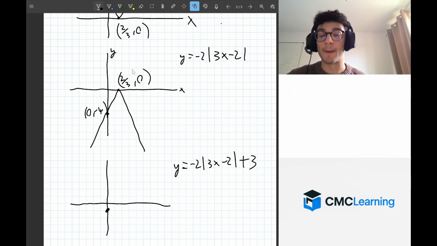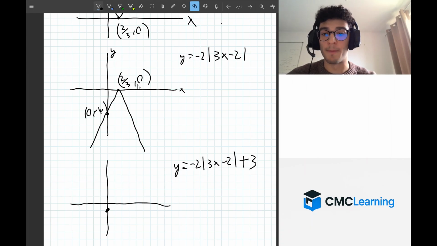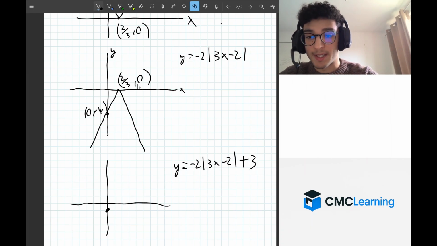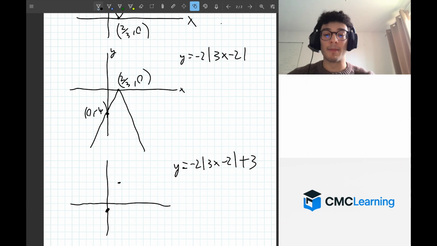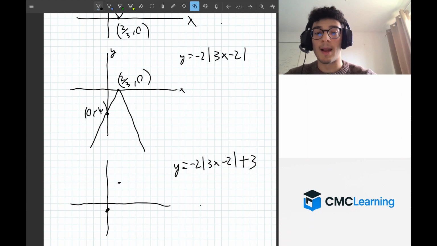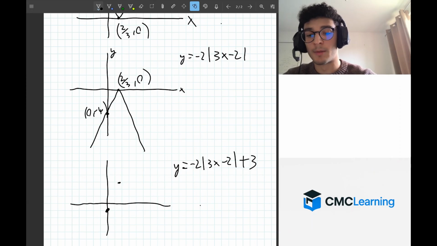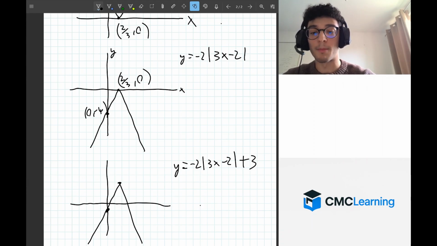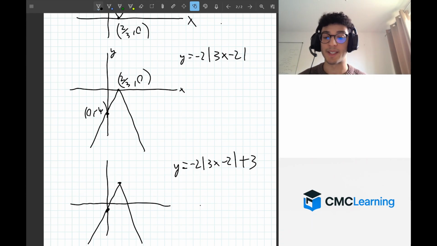And on top of that, our 2/3 as our x and our 0 as a y now becomes 2/3 as the x and 3 as the y. That should look something like this, obviously not completely to scale. And what we should notice is we end up with some more interesting points to consider here.